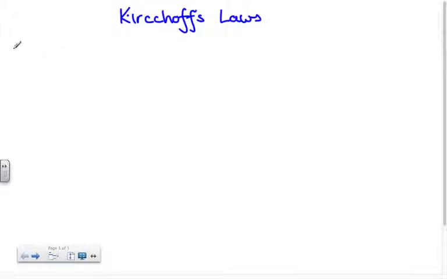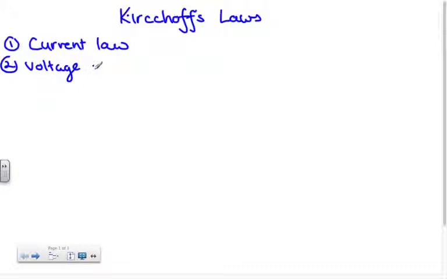There are two laws which I want to go over, which are the current law and its voltage law. And then at 3 I want to, of course, solve some problems. Okay. Simple enough? We'll go with that.